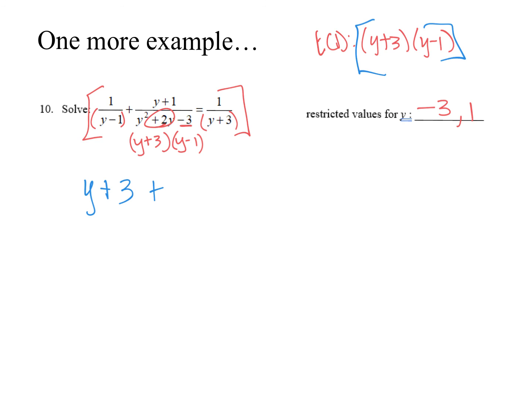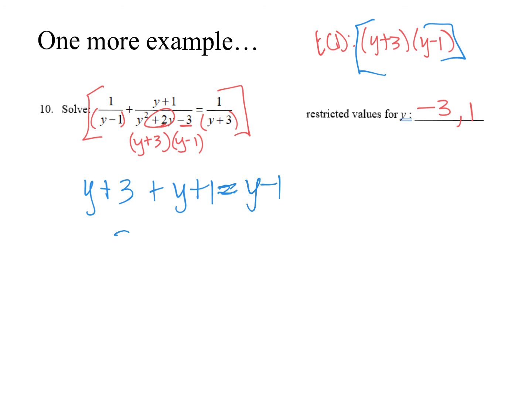Plus, in the second one, y plus 3 and y minus 1 are both going to divide out, leaving me with y plus 1 that's already in the numerator. And then lastly, 1 over y plus 3 times the LCD, the y plus 3 is what's canceling, leaving me with 1 times y minus 1, which gives me equals y minus 1.